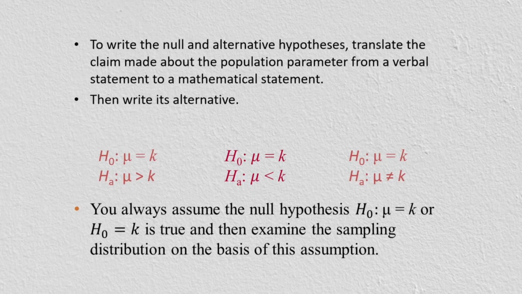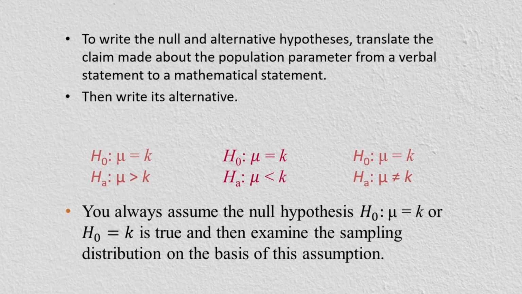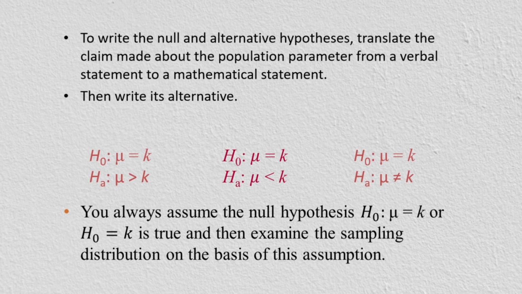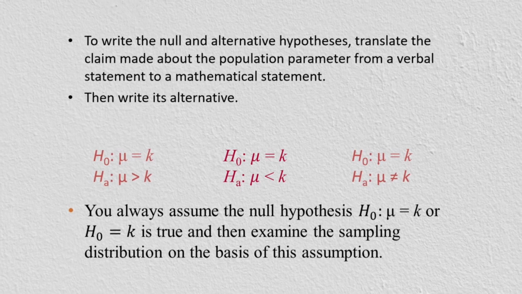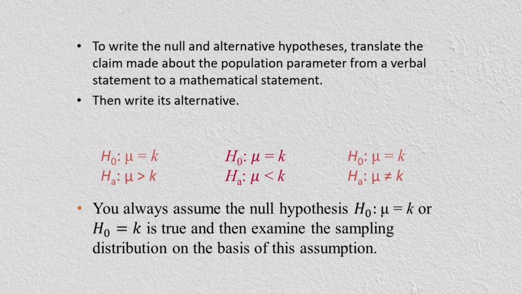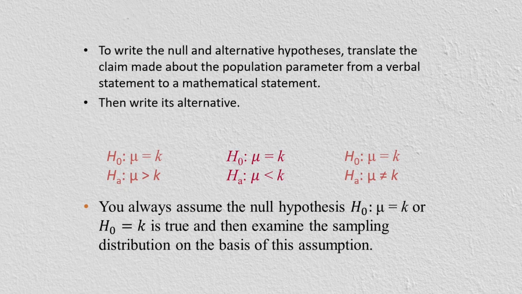And so H0, which is the null hypothesis, is denoted by mu equals K, and HA, the alternative hypothesis, is denoted by mu greater than K. So this is the way, and if mu is equal to K, that is the null hypothesis, the alternative hypothesis could be mu less than K. Or the null hypothesis mu equals K and the alternative mu unequal to K. So you always assume the null hypothesis, that is mu equals K, is true, and then examine the sampling distribution on the basis of this assumption. So this could be the modus operandi by which we are going to do that.